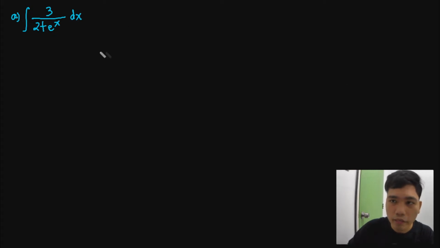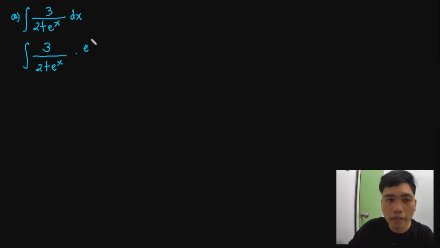So in this case, I will try to redefine the equation by multiplying it by e to the x. So multiply lang natin yan ng e to the x, both numerator and denominator. Wala naman talagang nabago dyan kasi ito is 1 lang, di ba?